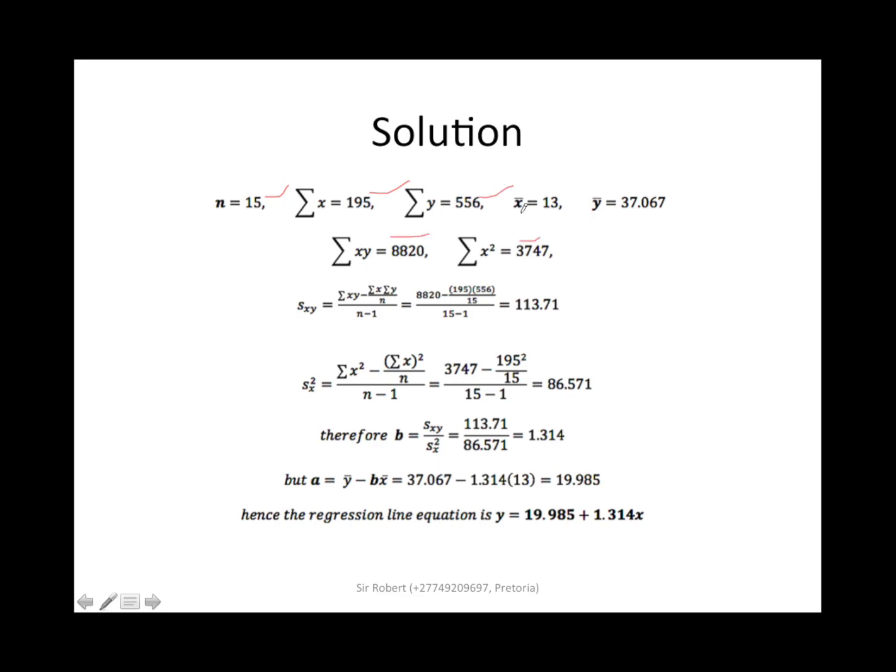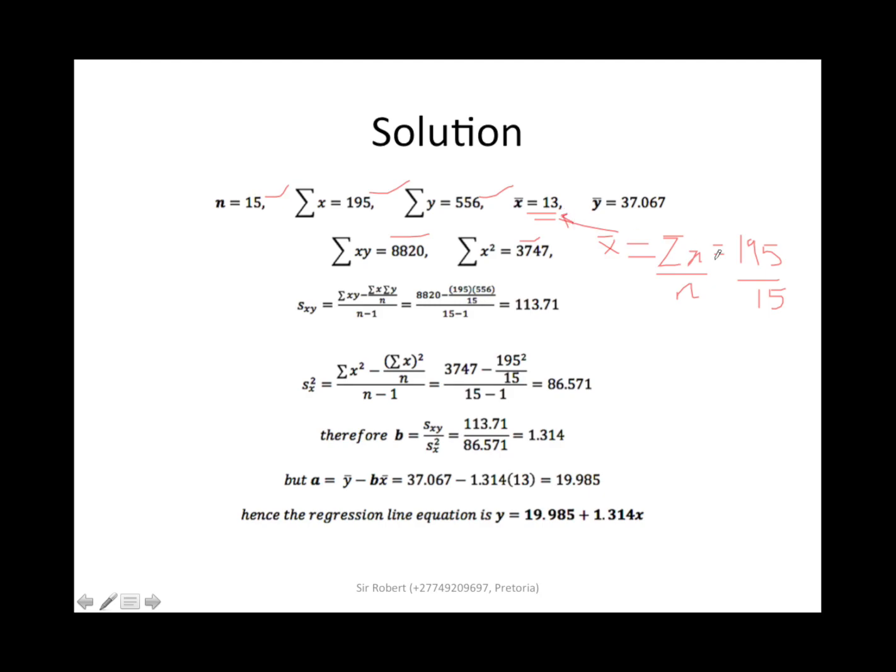Then to get your x bar, remember x bar is the summation of x divided by the number of items. So the summation of x, 195, divided by 15, gives you 13.